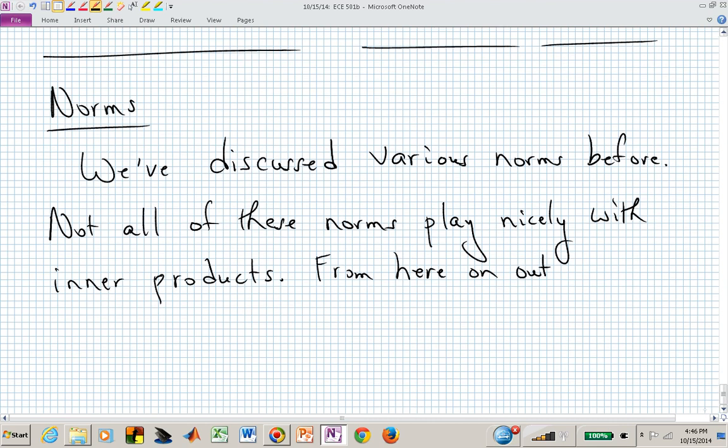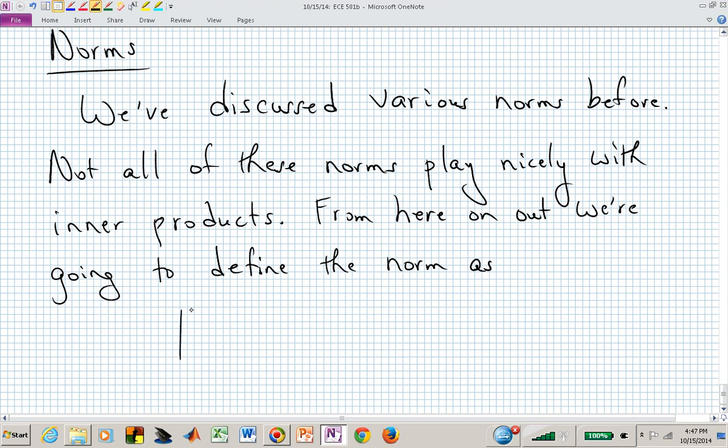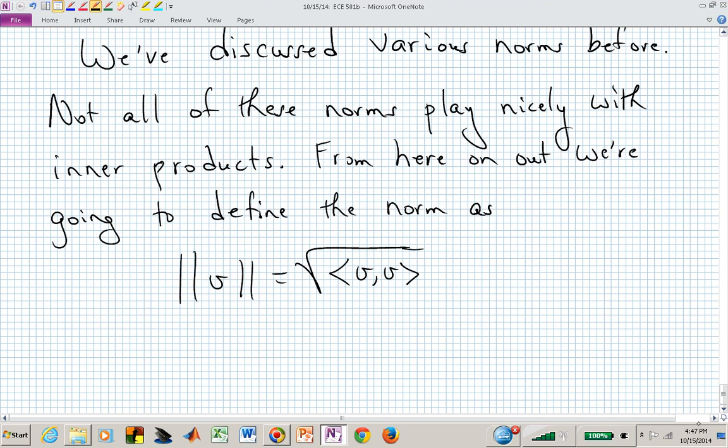Let's just, though, from here on out, we're going to define the norm as, let's say, the norm of V is now going to equal the square root of the inner product of V with itself.